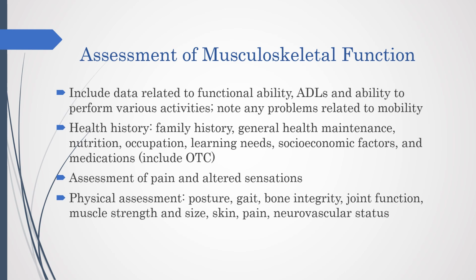Therefore, a disease in or an injury to one component of this system will adversely affect the other parts. I'll give you an example. If there is an infection in the joint, it causes degeneration of the articular surfaces of the bones within the joint and local muscle atrophy.